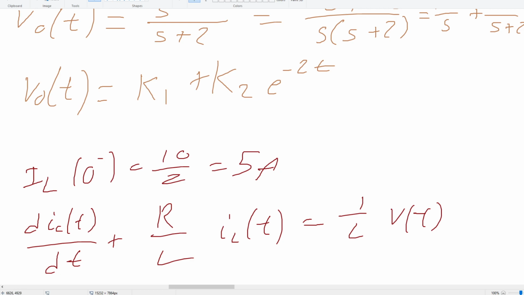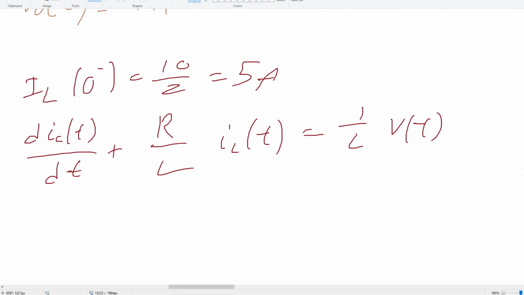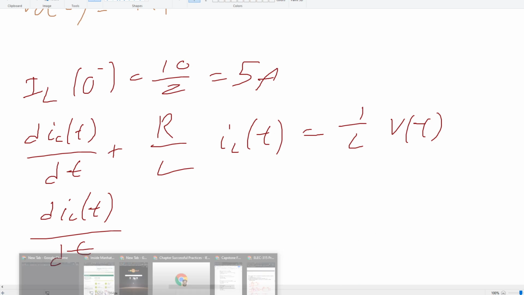Okay. Now we just rewrite this with the R's and L's. The R was 2 ohms, I think, and I don't remember the L. I didn't even look at it. What's the L value?